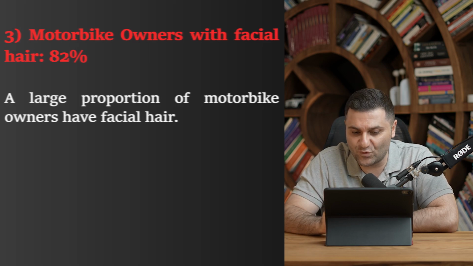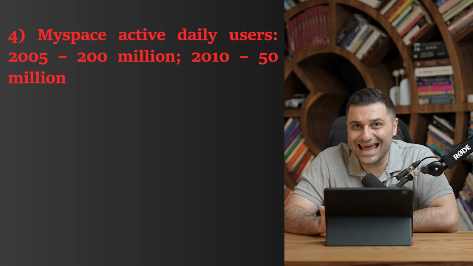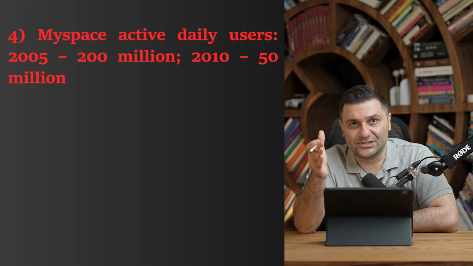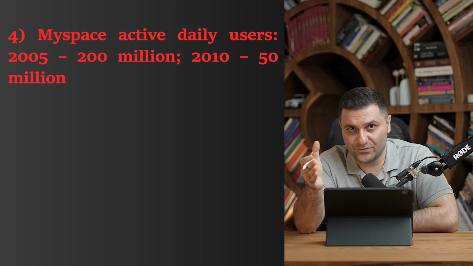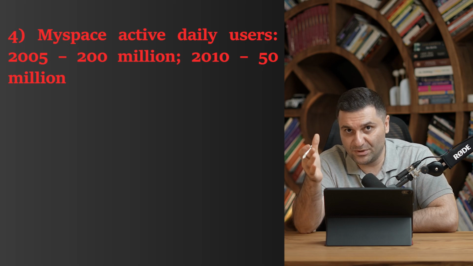And our last question. MySpace active daily users in 2005 was 200 million, and in 2010 was 50 million. So there was a decrease in the number of users from 200 million to 50 million people.